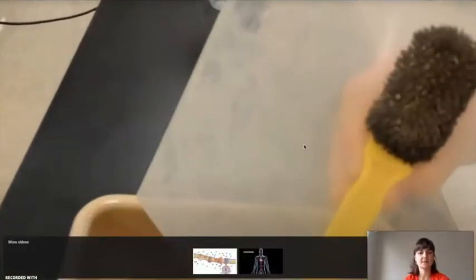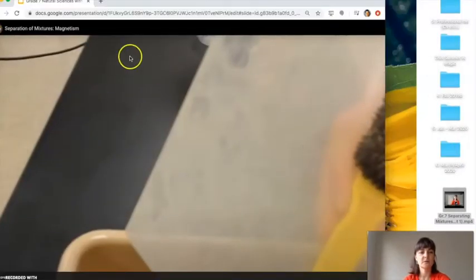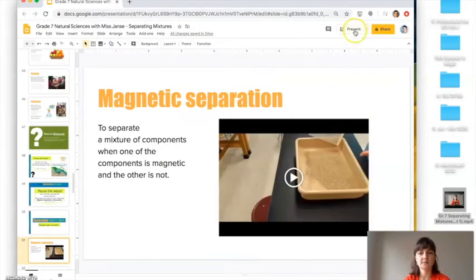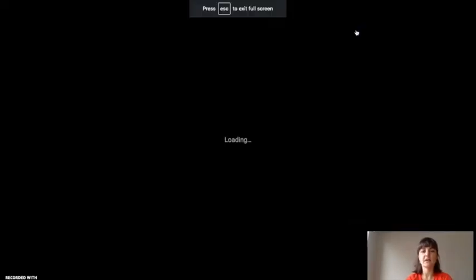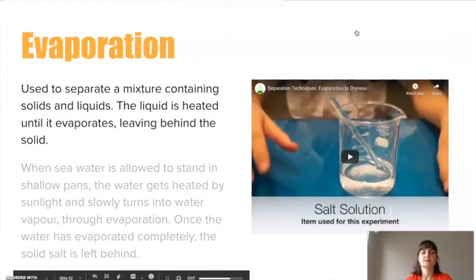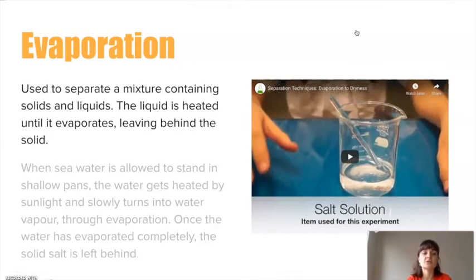Right. So that is a great example of magnetic separation. Now, let's look at the other method of separation that you just wrote about. You looked at evaporation, and that is when you use heat to separate a solid from a liquid.